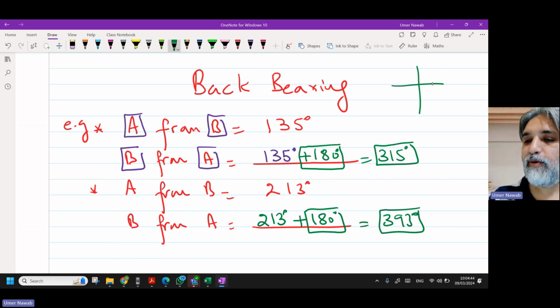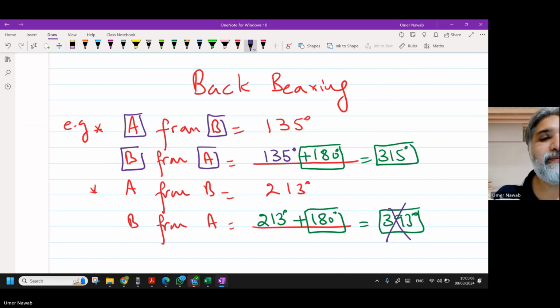Guys, if a person moves around, he covers 360 degrees. So how come it is more than 360 degrees? Like time cannot be 25 hours. The digital clock time can be only from 0 to 24, and even 24 becomes 0000. So how come 393 is a bearing? This is wrong.